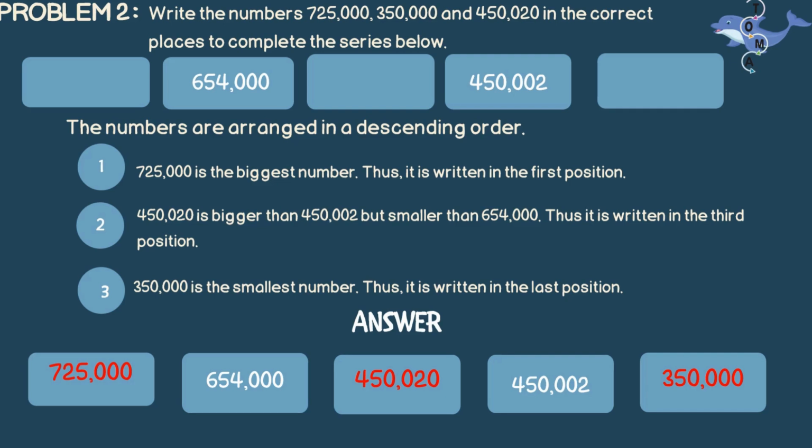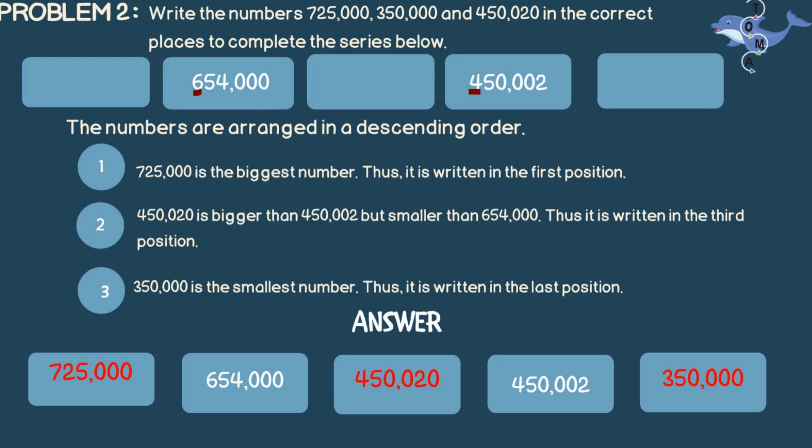Basically, this number is a 6-digit number, this number is also a 6-digit number. Which one is greater? Yes, we are going to check that 6 and 4. So this is the greater number. Yes, these numbers are written in a decreasing arrangement.